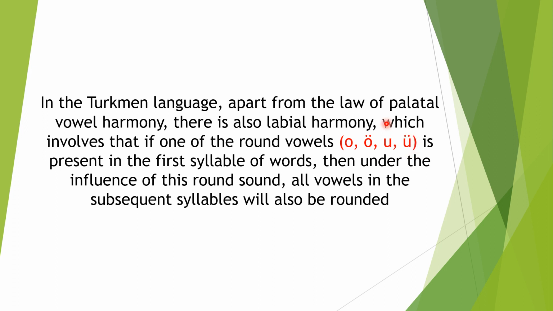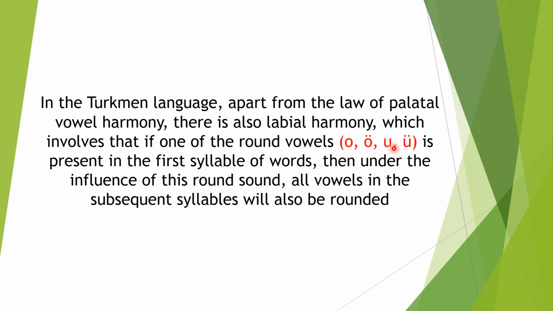Okay, so the essence of this rule is if in the first syllable of words we have one of these round vowels, then under the influence of this round sound, all vowels in the subsequent syllables will also be rounded. Please pay attention. O is a round vowel, but at the same time it is yoğun çekimli. Ö, round vowel, and this is ince çekimli, front vowel.